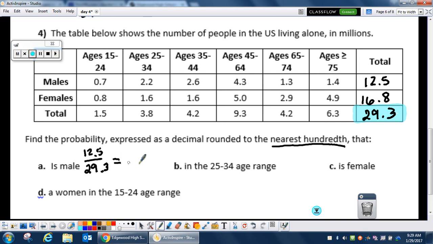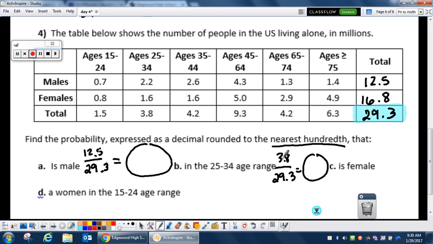Please make sure you actually do this calculation. I'm going to be around to check the number that you get. Then it's the number in the 25 to 34 age range. It doesn't specify male or female, so it's just the total. Sorry, I didn't give you enough space here. So I'll be checking that number.